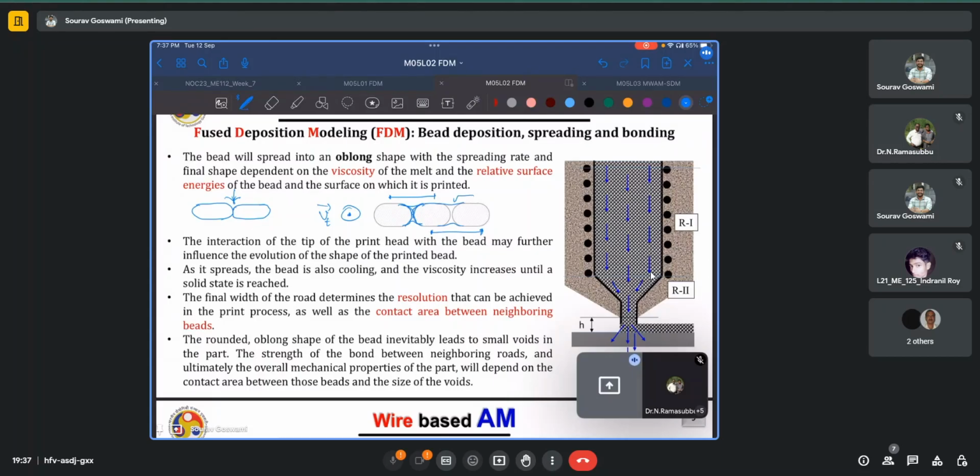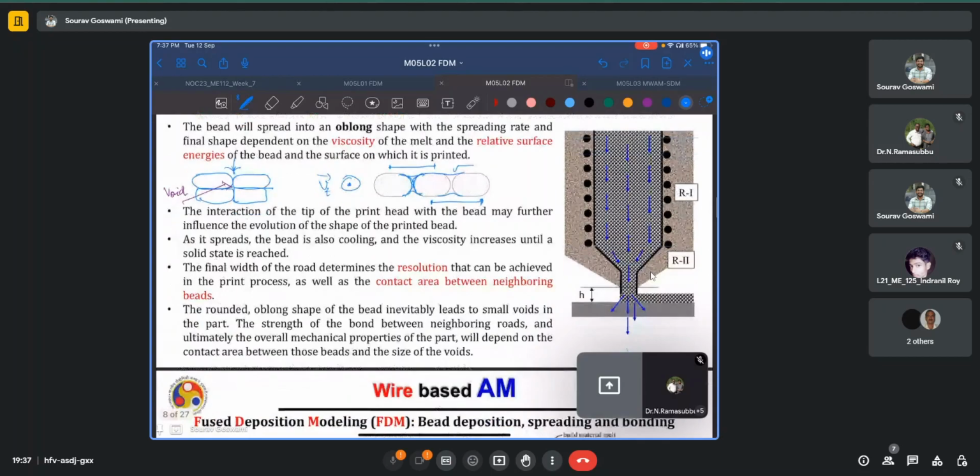So if I also deposit another layer on top, this region is clearly a void. It can be called an interlayer porosity, which is a process-induced defect. Thus, the viscosity of the melt and the relative surface energies are dominant factors here.